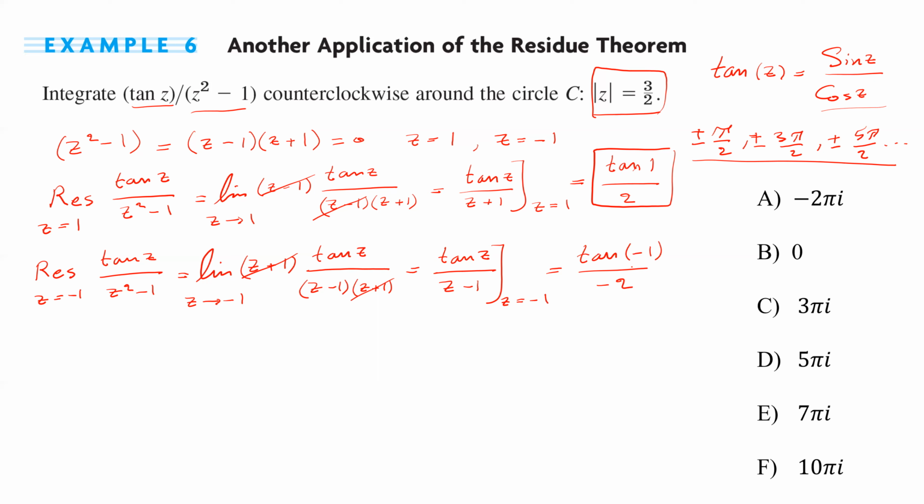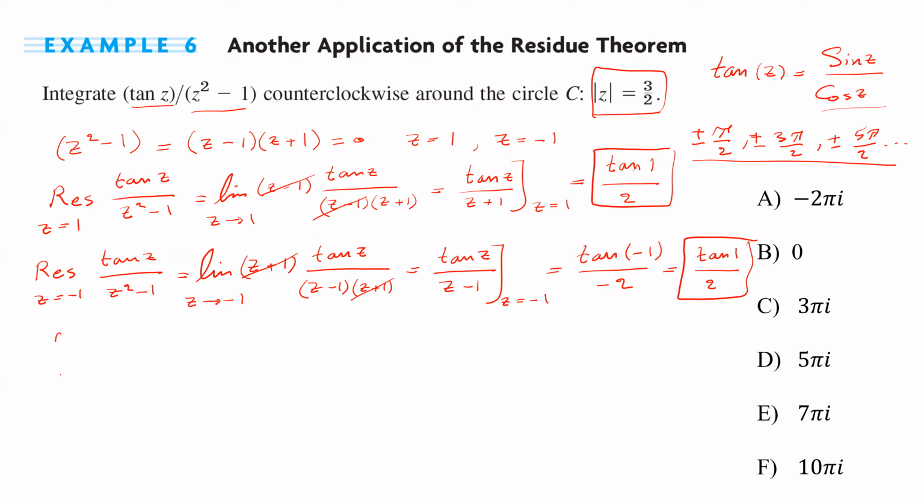So it becomes again tan of 1 over 2. So the two residues are the same. If you add them, it becomes just tan of 1.